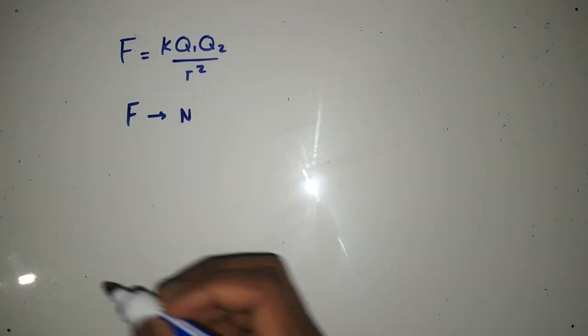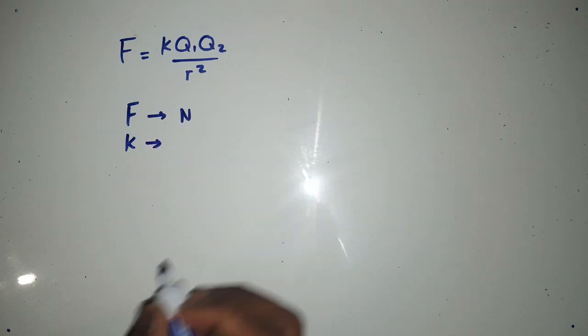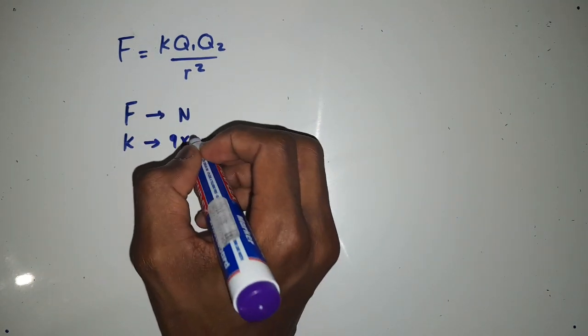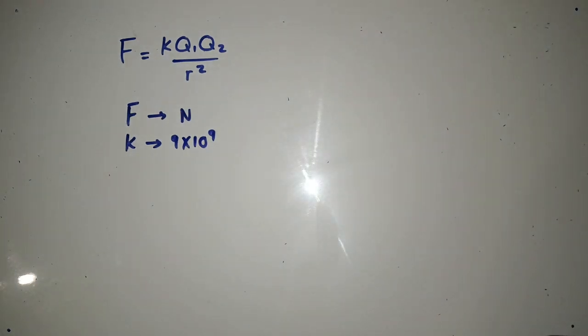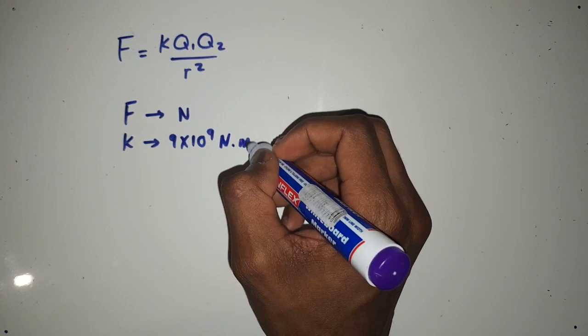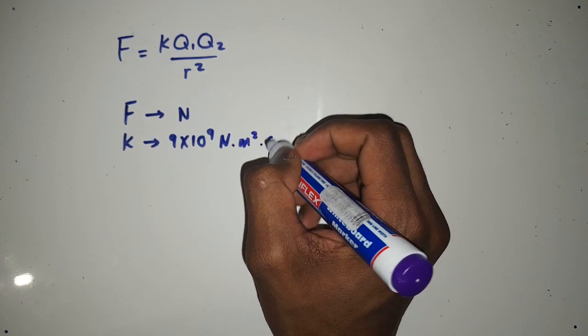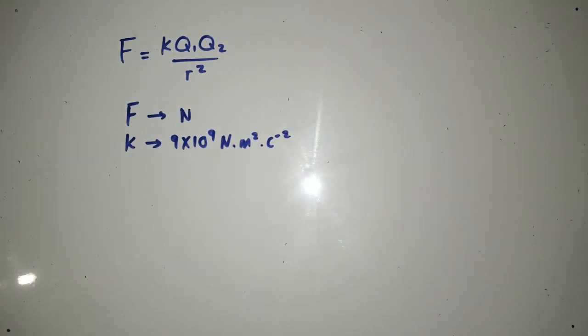K is our proportionality constant, which is 9 times 10 to the power 9, measured in Newton meter squared per C squared, that is N m² C^-2.